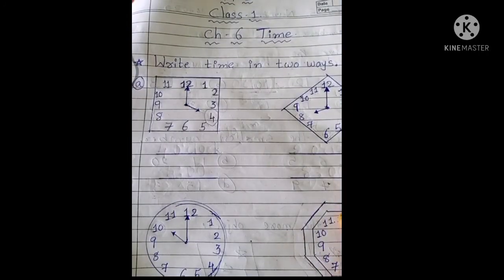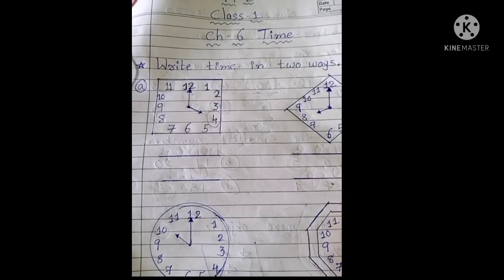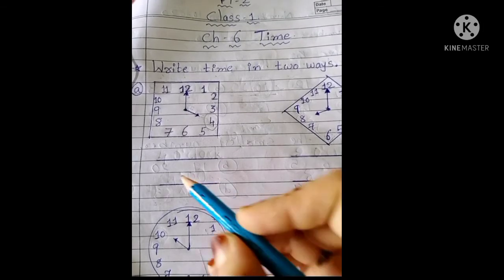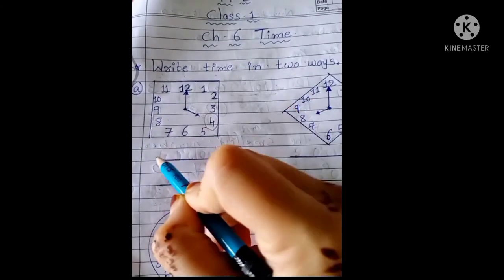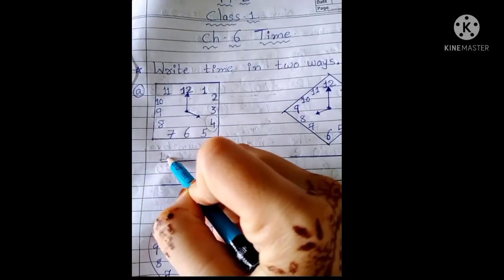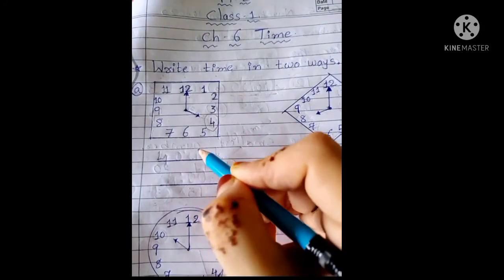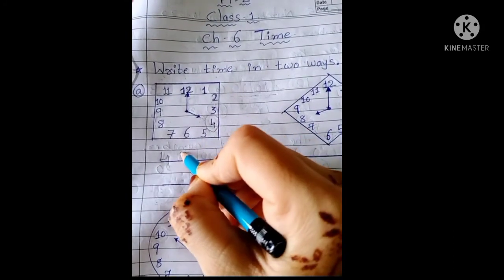What time is it now in this given clock? 4. So now I'm telling you how you will denote or indicate 4 o'clock. For 4 o'clock, you have to write down first the number 4. Then the o'clock spelling, everyone remember it carefully.